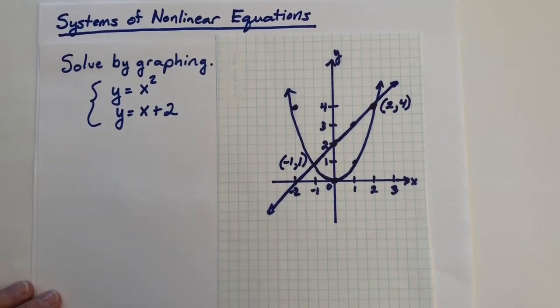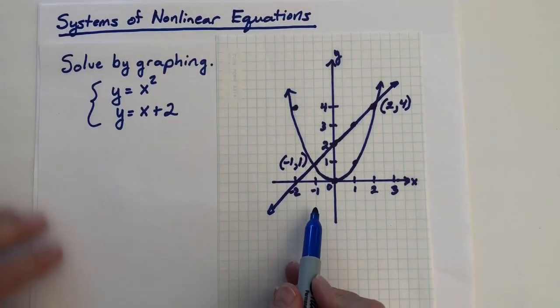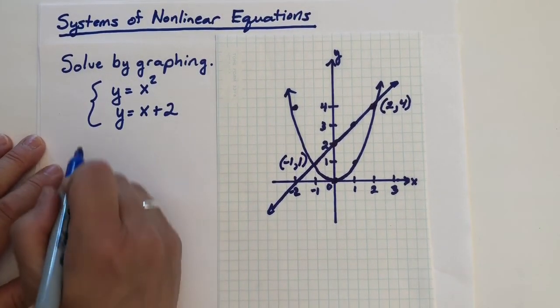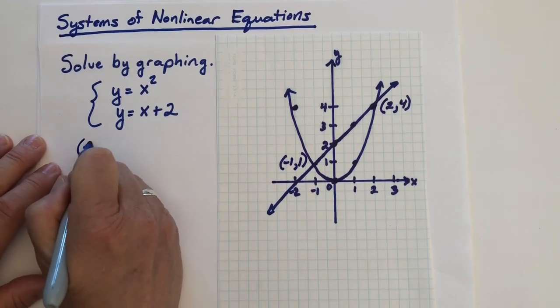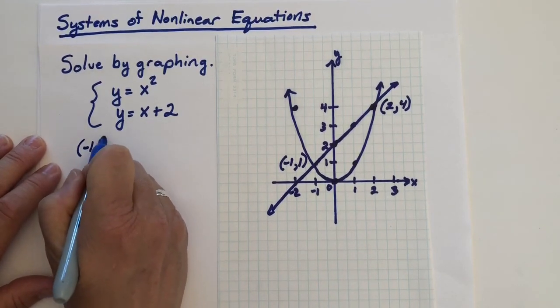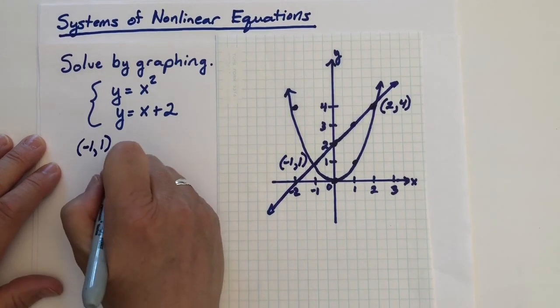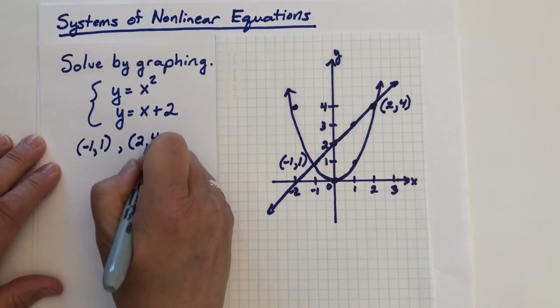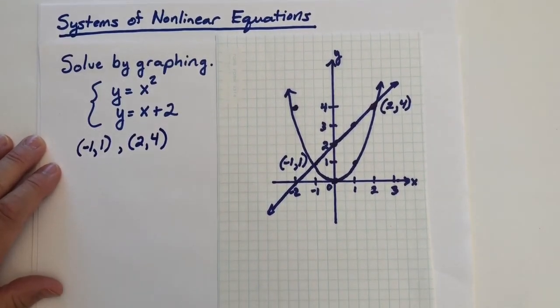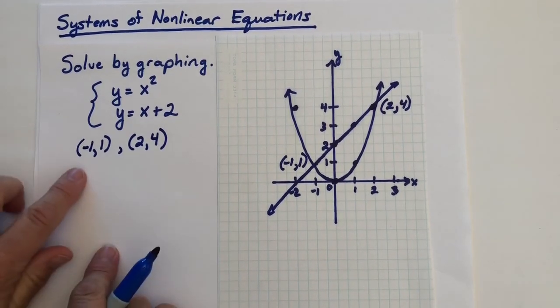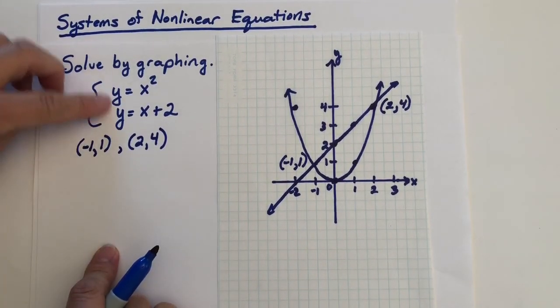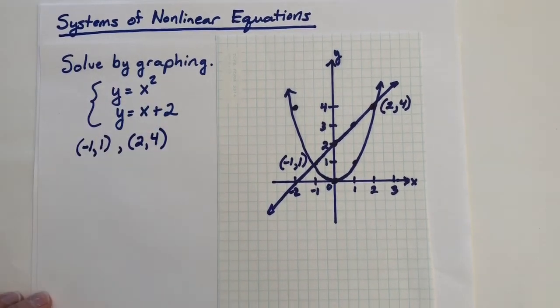Or could have. So the solution to this system is this set of points, (-1, 1) and (2, 4). And you can double check. You could pop those two ordered pairs into both equations, and you would see they would make them both true.